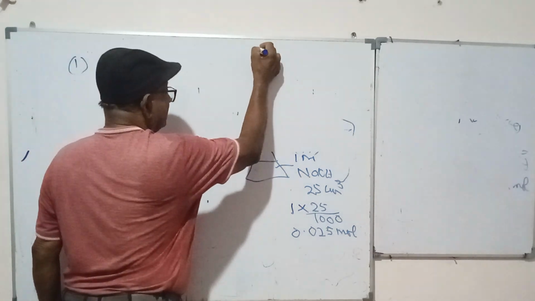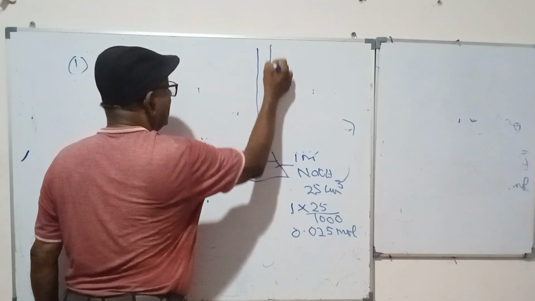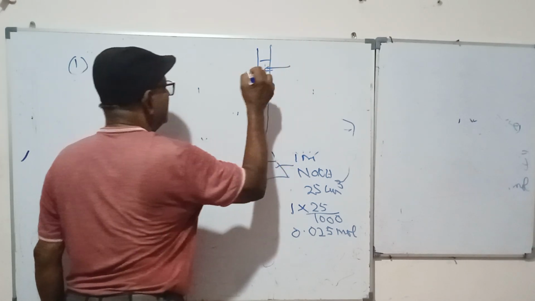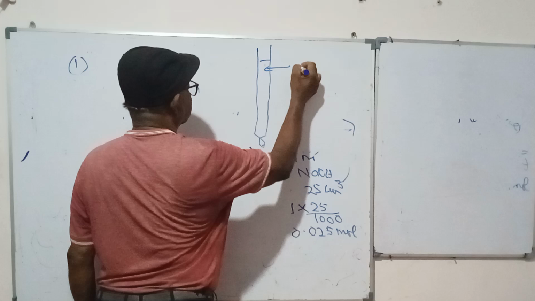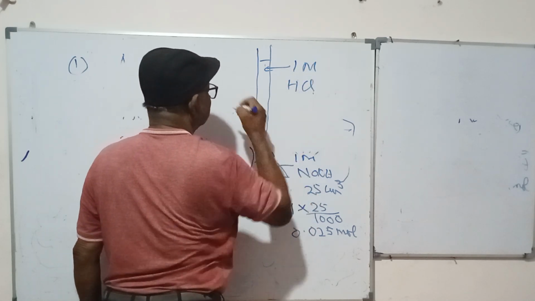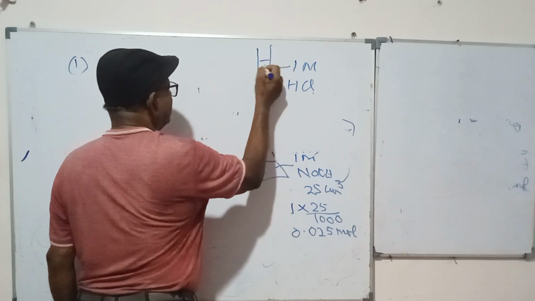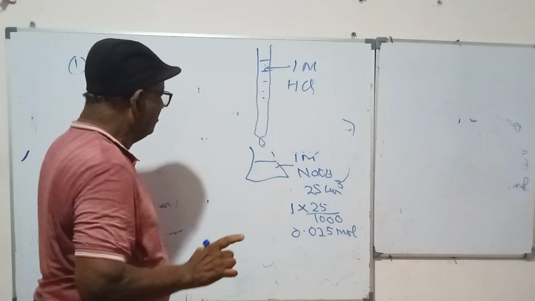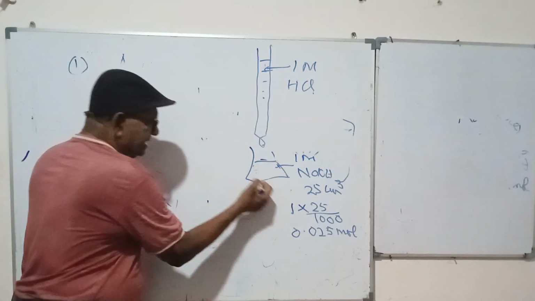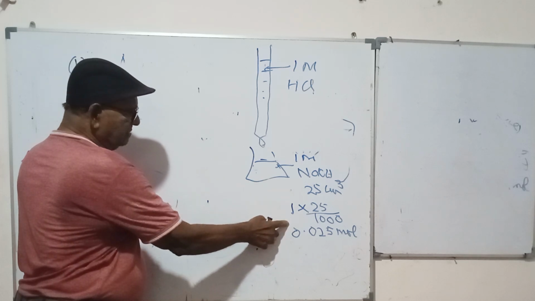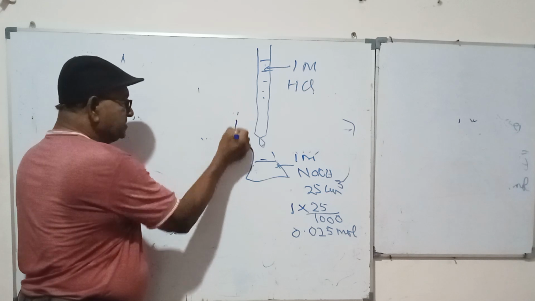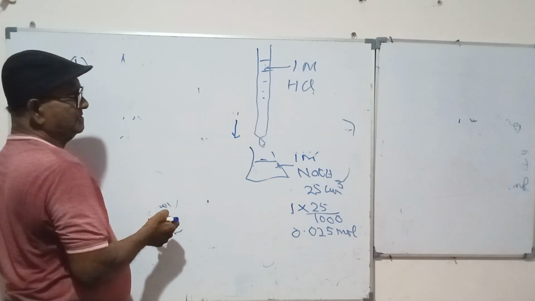Then this is the burette. The burette also has a known concentration. If it is 1 M HCl solution, right? Now we are going to find out, to neutralize the total amount of NaOH here, how much HCl should be required.